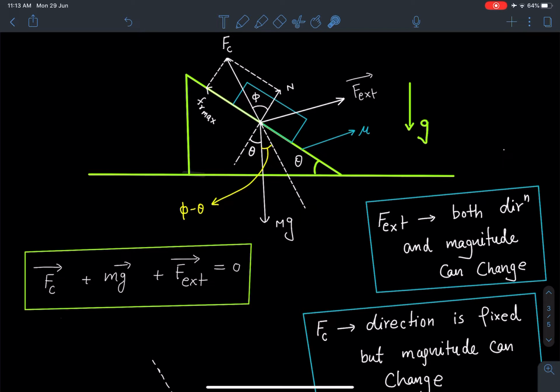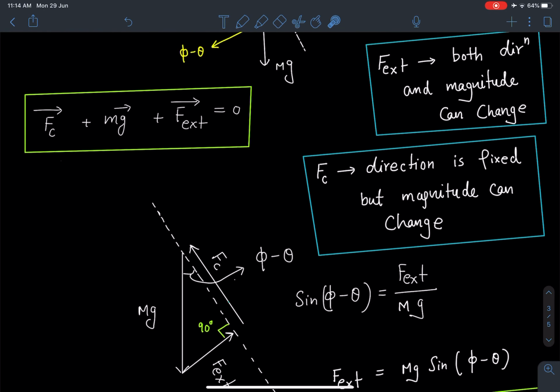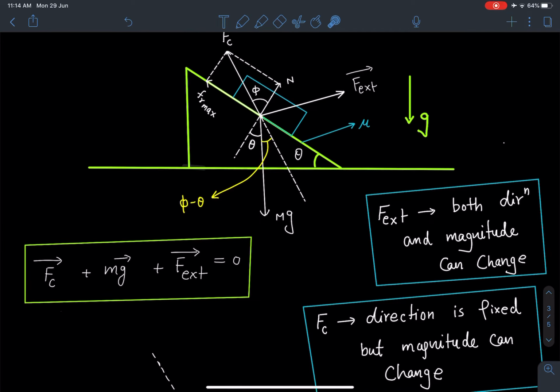So here now I have a vector for which direction is known to me and magnitude also is known to me. Then there is another force where magnitude is unknown but direction is known to us, and the next vector we have to adjust in such a way that its magnitude is minimum. So these are the conditions. If you try to draw the vector diagram here, you can see this angle also we have calculated. As you can see here, this angle is phi, this will be theta, so this angle is theta minus phi.